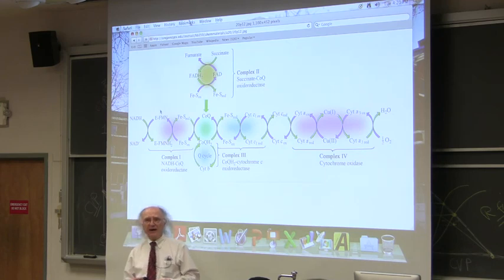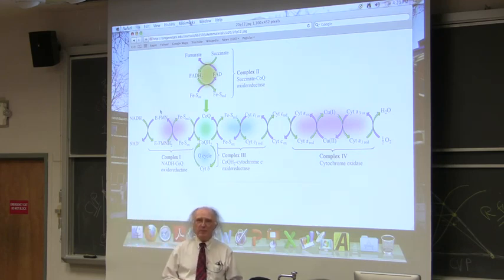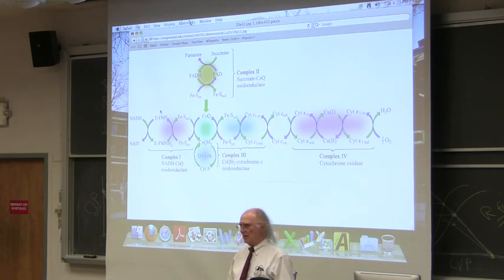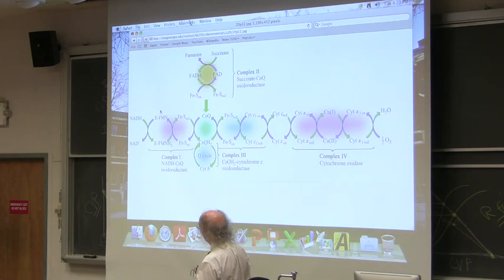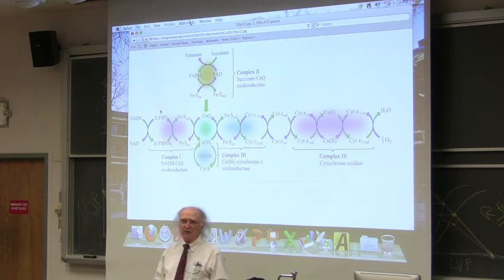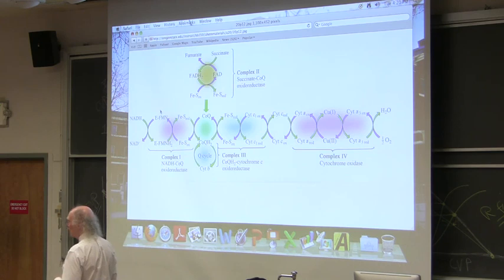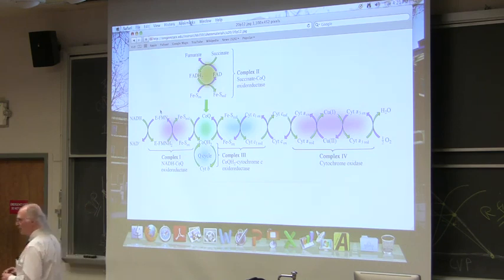And the fact of the matter is, it really doesn't matter a lot. In this class, we're going to say that you make 3 ATPs for every pair of electrons coming from NADH, and that's approximately right, and that's close enough. And we will say that there are approximately 2 ATPs made as a result of electrons coming from complex 2.